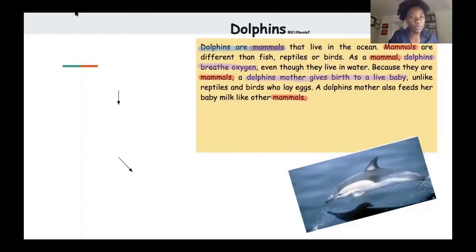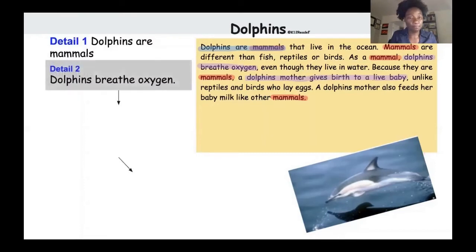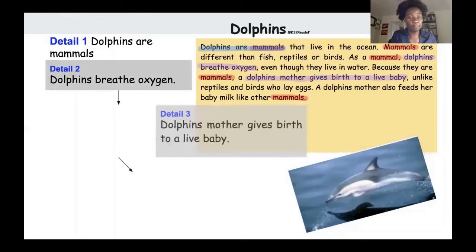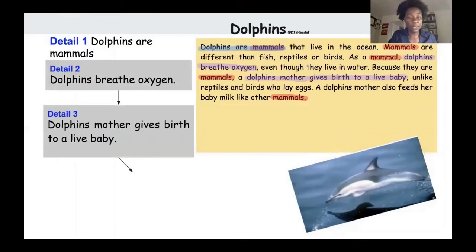Now, when I put all of this information in my graphic organizer, I'm going to move my screen over here. It says, detail 1, dolphins are mammals. 2, dolphins breathe oxygen. 3, dolphins' mother gives birth to a live baby.